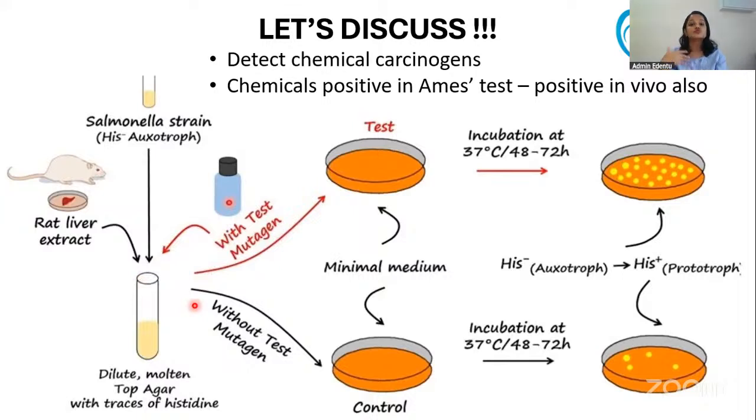That's why these bacterial colonies are now able to produce histidine. So with this simple test, we can identify chemical carcinogens. The test name is the Ames test. It is mainly used for detecting the presence of chemical carcinogens, and a histidine-negative Salmonella strain is usually used.